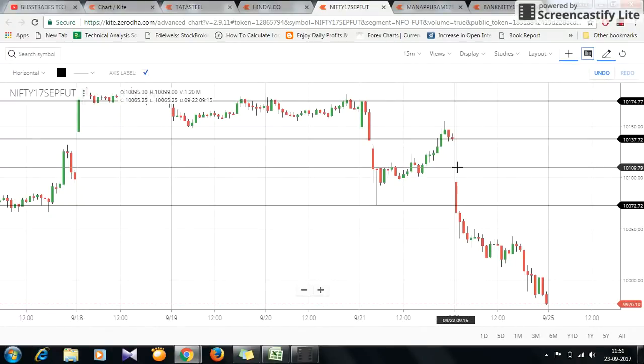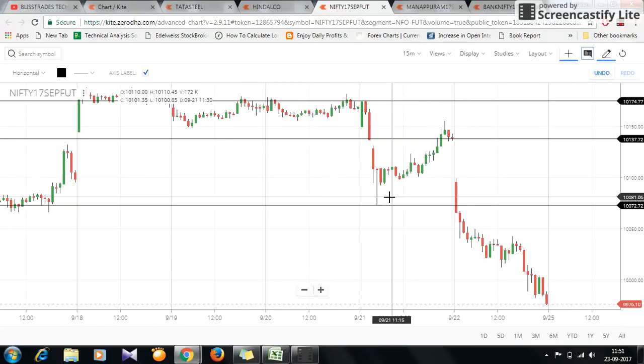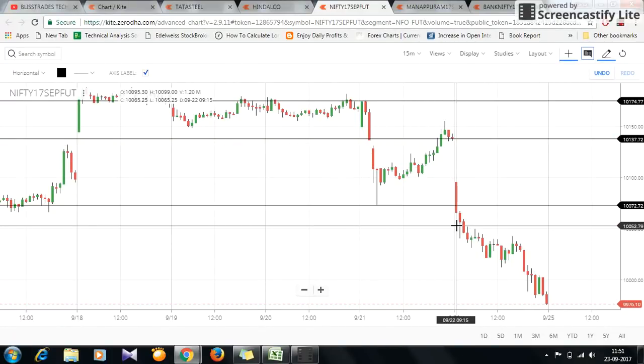So on 22nd of September, you can see the price opens below PDC and PDL both. So it becomes even more bearish for that particular day. So when this criteria fulfills itself, we need to take a trade.